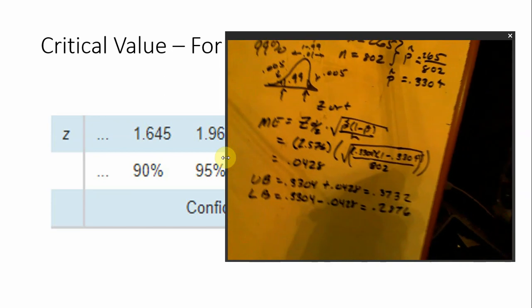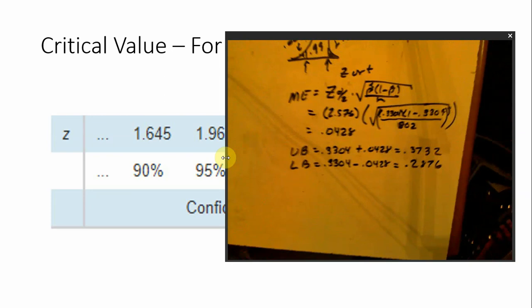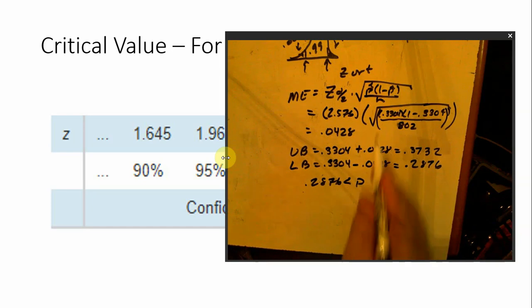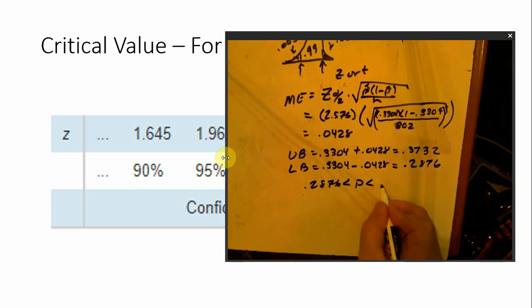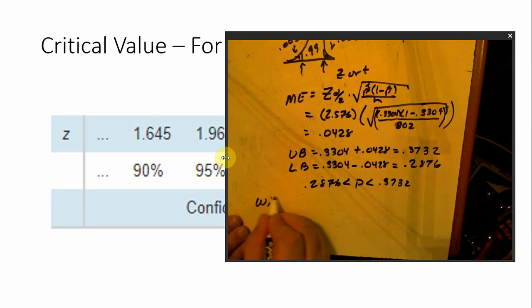So now we can just finish this up. So here, let me write this one right here as well. So this is 0.2876 is less than p, the population proportion, not p hat. We know what p hat is. And then 0.3732. So p lies somewhere in there. And then we just finish it up with our general statement.